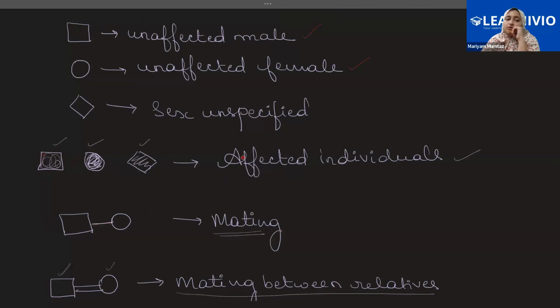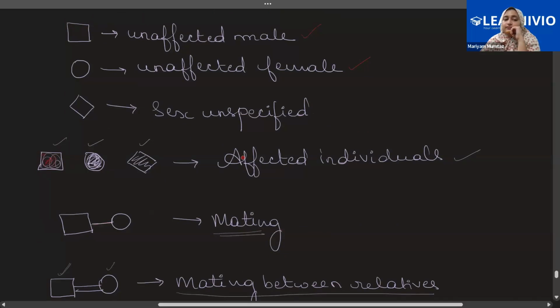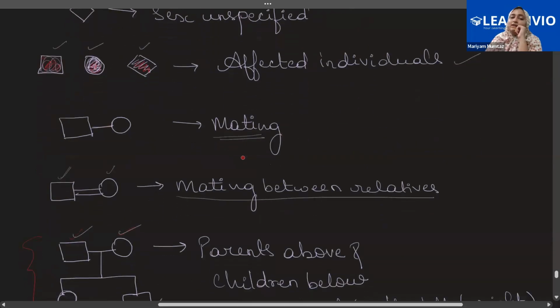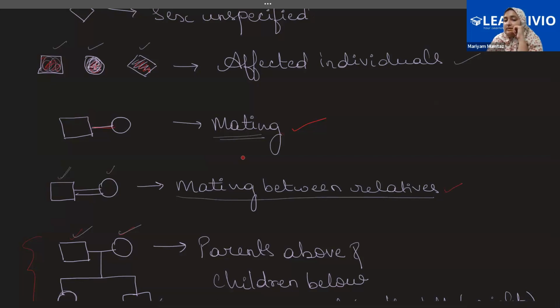Once those shapes are filled in, that represents the affected individuals: affected male, affected female, and affected sex-unspecified person. When between the male and the female there is a single line, that represents mating. And a double line represents mating between relatives, meaning two related individuals.